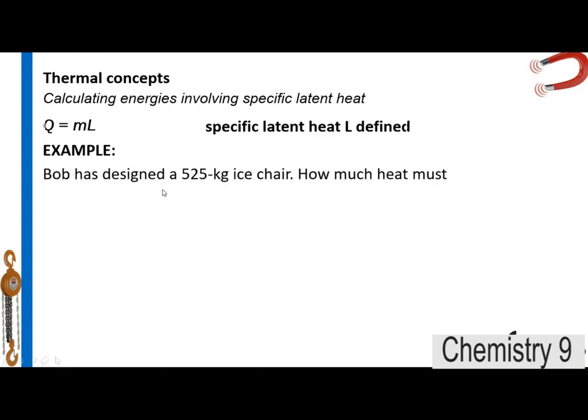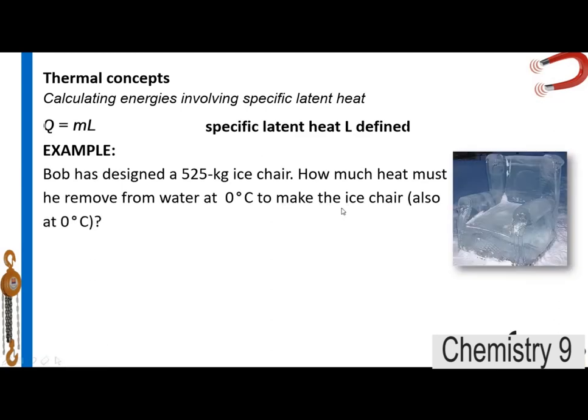Bob has designed a 525 kilogram ice chair. How much heat must he remove from water at 0 degrees Celsius to make the ice chair? And also in this particular case, the ice chair is also at 0 degrees Celsius. So in the photograph at the side here, you can see his ice chair.